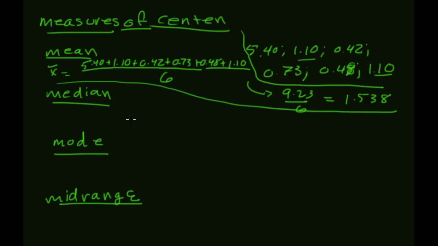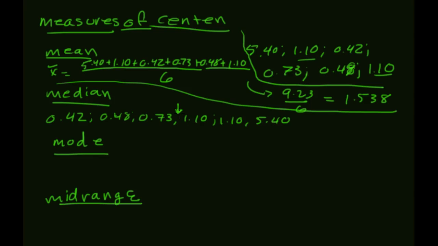To find the median, we're taking the middle point. The first thing I want to do is put all these points in order. The lowest one is 0.42, and then I have 0.48, and then 0.73, 1.10, 1.10, and 5.40. Normally we look at the point in the middle, and if there's a point there, then we use it.